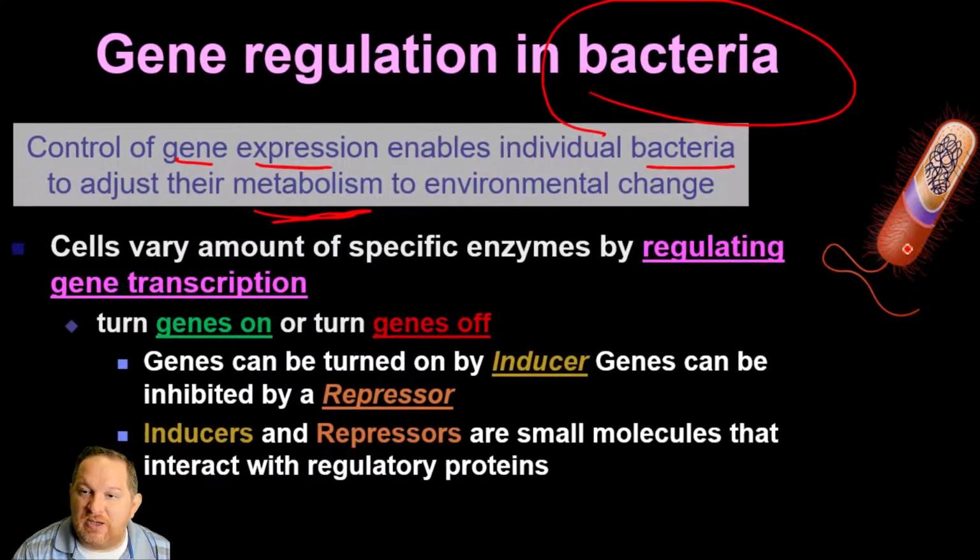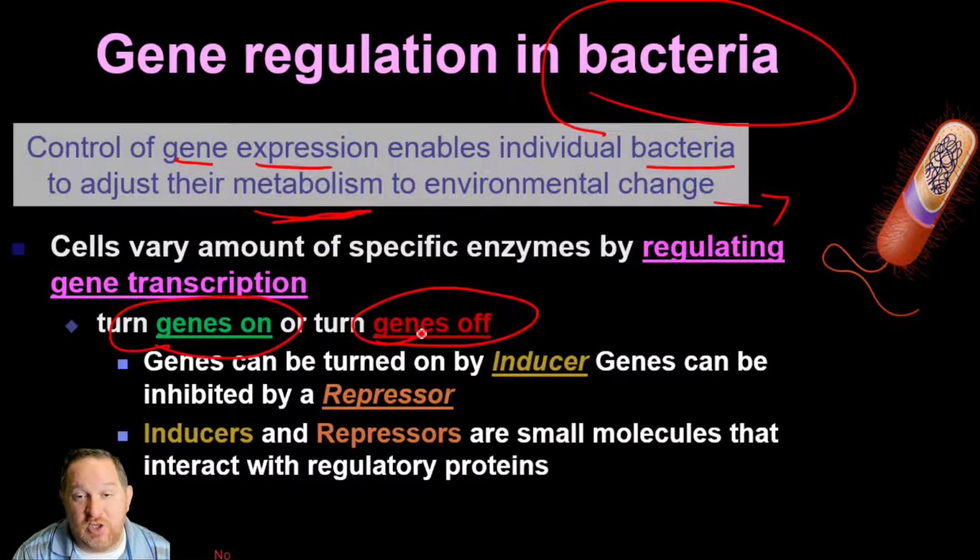Here's a bacteria, and if we want to regulate the gene expression of that bacteria, we basically either need to turn a gene on or turn a gene off. In other words, if the genes are normally turned off, we might want to turn them on. Conversely, if genes are normally in their on position, we might want to turn them off.